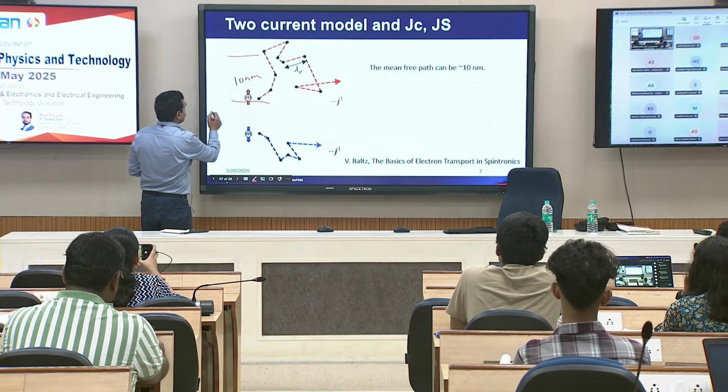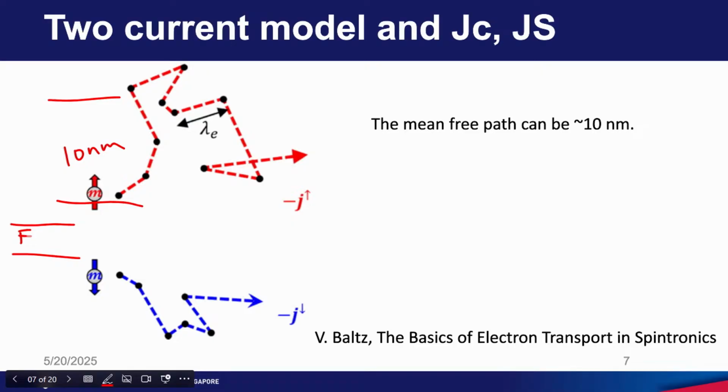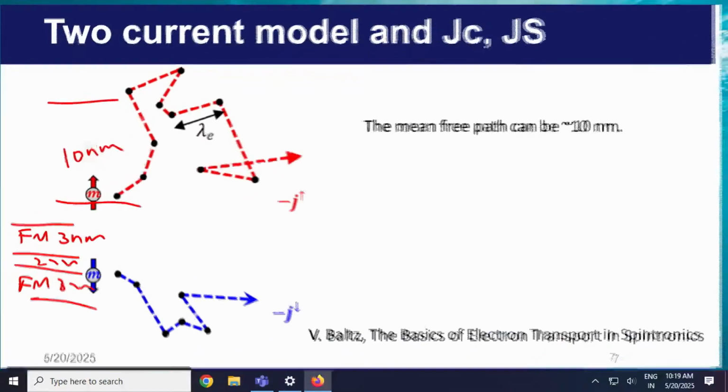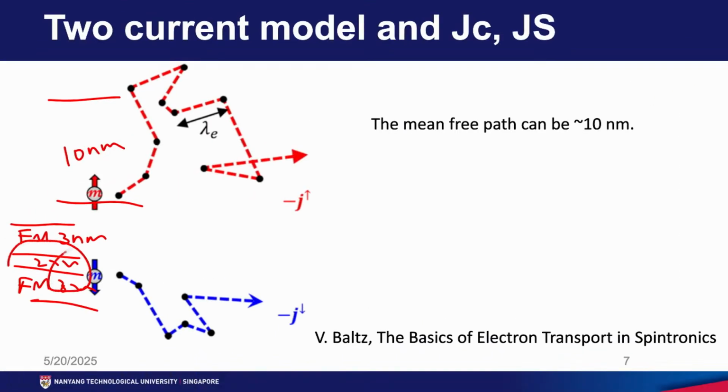So, when you make a GMR sensor, for example, you may have one layer of a ferromagnetic material of 3 nanometer, a spacer of say 2 nanometer, and another ferromagnetic material of 3 nanometer, something like that. So, if you send current this way, the electron is not going to flow through only one ferromagnetic layer. Okay. It will go through all the layers. Okay. So, that is where this mean free path of 10 nanometer comes into the picture.